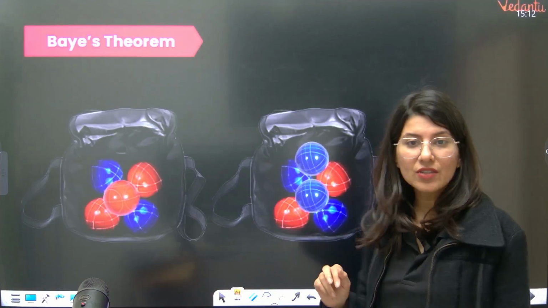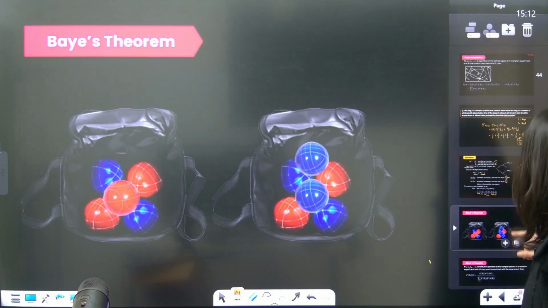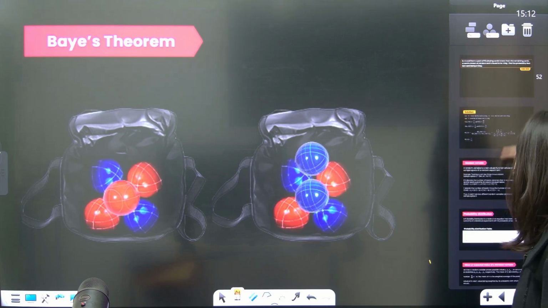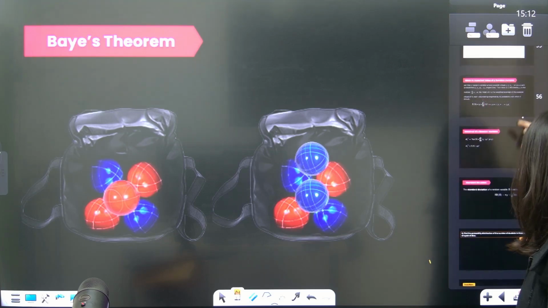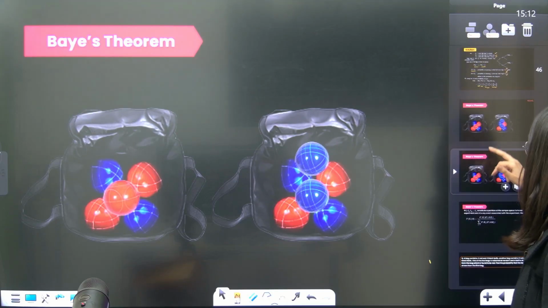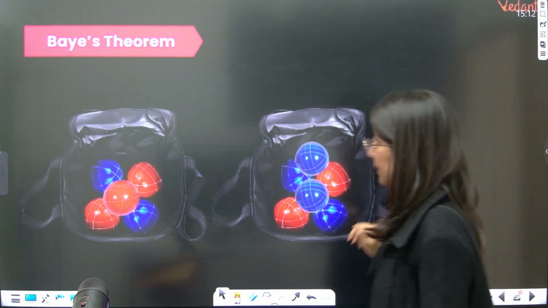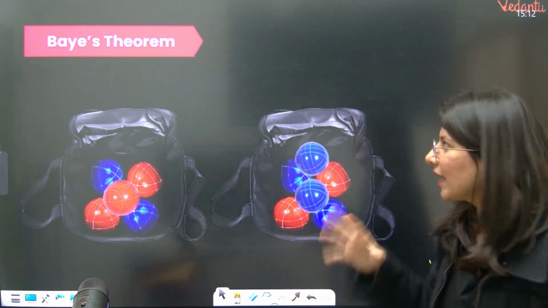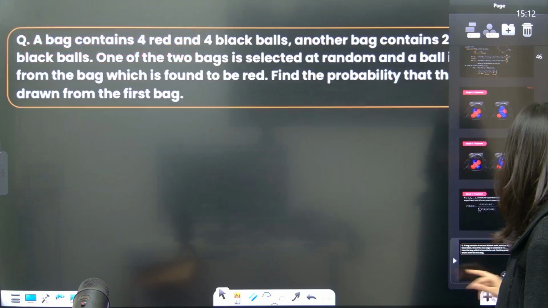And now is the time for your very own Bayes theorem, and we are going to do a couple of questions on Bayes theorem. All right, Bayes theorem. Again, if I get into the theory part, you'll be like, ma'am, so many formulas, so many things.